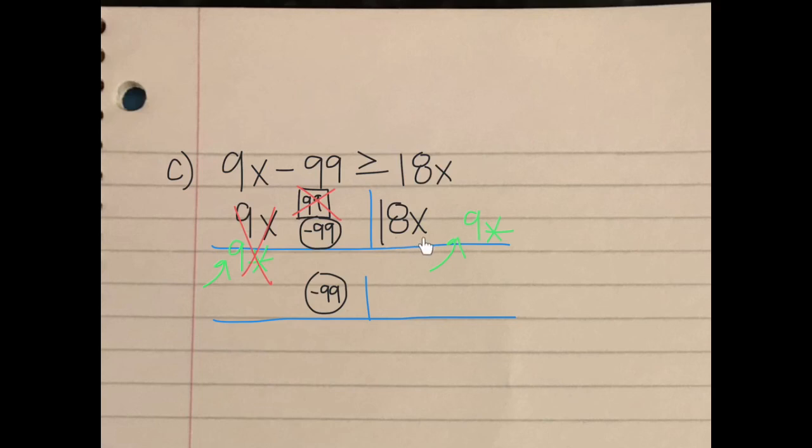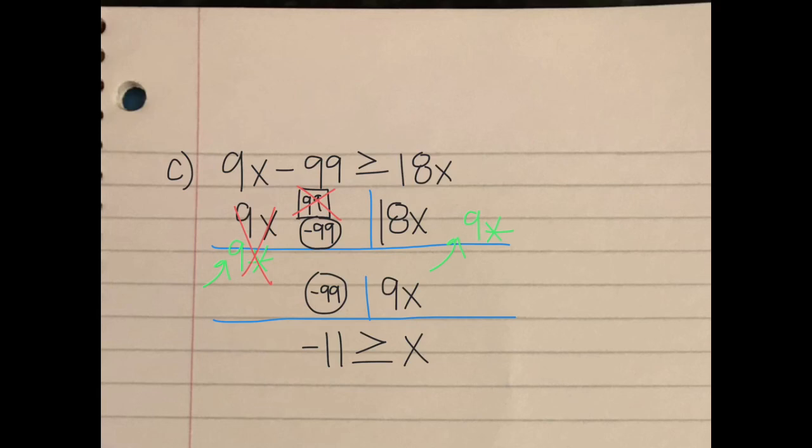If I had 18 x's, but 9 of them are canceled out by stars, that would leave me with 9x left over, which means that in this case, I would have my symbol looking like this. I would have -11 is greater than or equal to x.